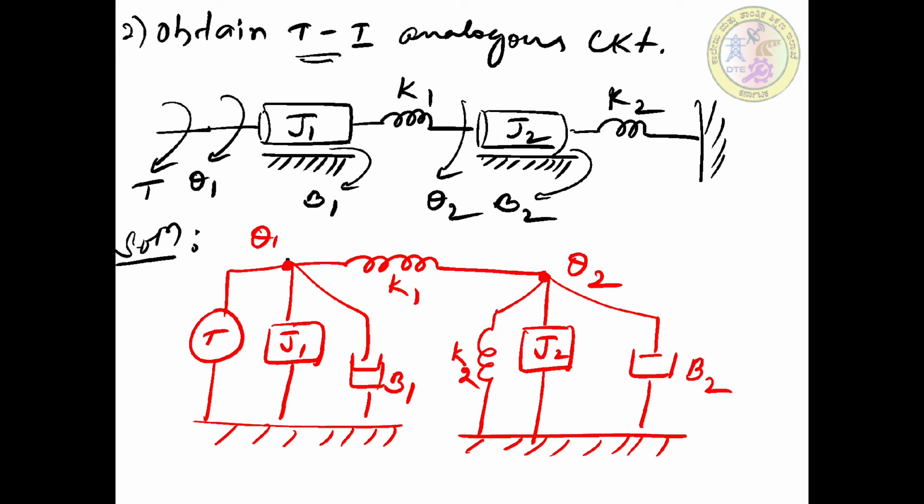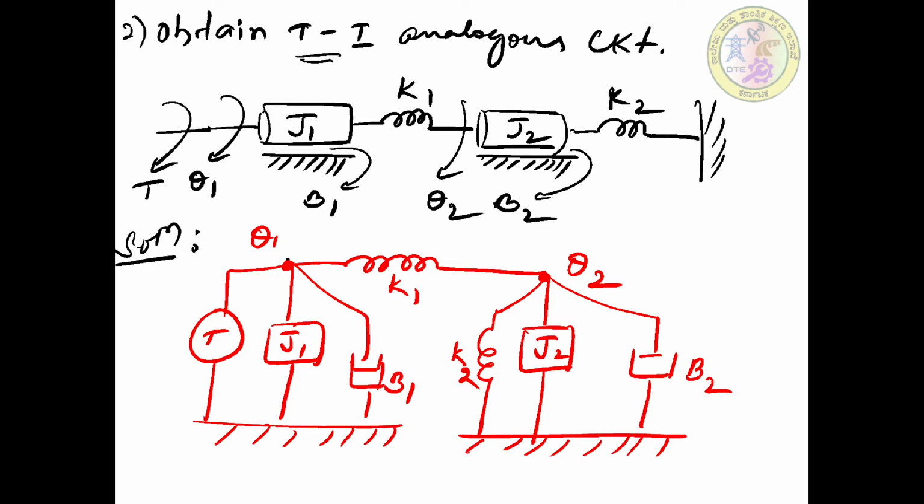So T of t will be equal to J1 d square theta 1 by dt square plus B1 into d theta 1 by dt plus K1, which is common, K1 into theta 1 minus theta 2. That will be first equation. Similarly the same terms are going to come at the second node also. Only thing is now you have to write the suffix as theta 2, that's all.